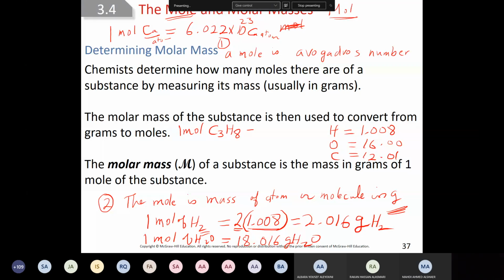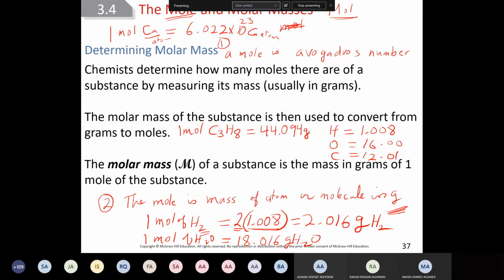Let's have 1 mole C3H8. Go ahead. 44.094 grams.